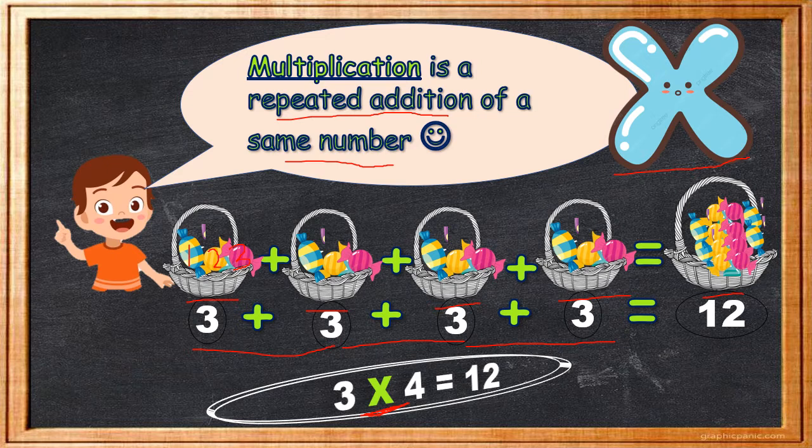And always remember, repeated addition of the same number. For example, children, if I am writing 1 plus 1 plus 1 plus 1 plus 3, do you think this is repeated addition?